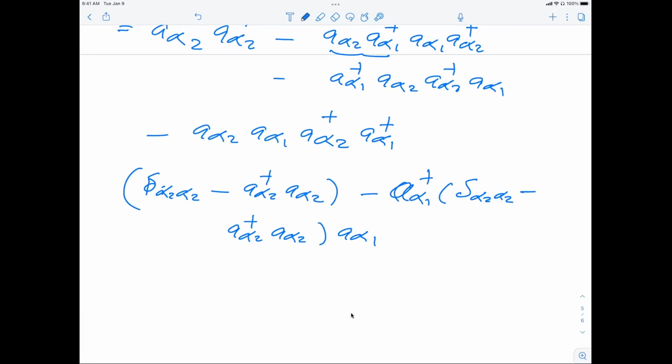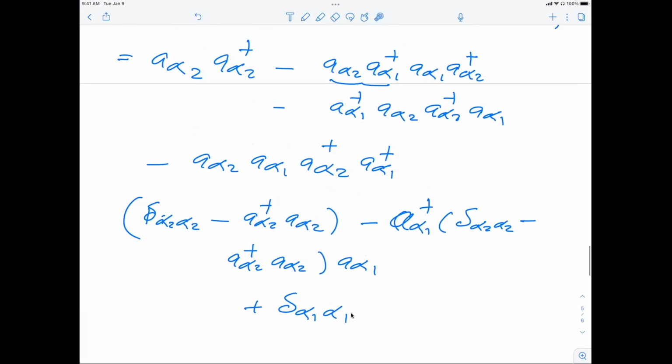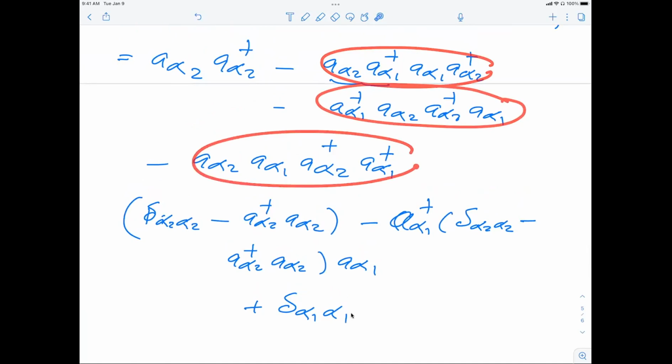So when I now do the same operations here with that specific operator, when I change it so that I can put all the annihilation operators to the right and the creation operators to the left, this final term is going to give me just one term which is different from 0. So there's going to be a delta alpha 1 alpha 1. And you can easily see that, because if you look at the exercise which I did here, this set of operators is not so different from that one.